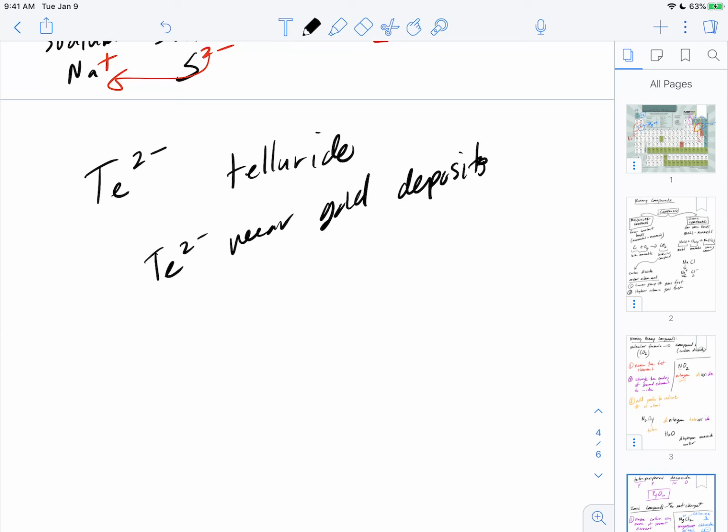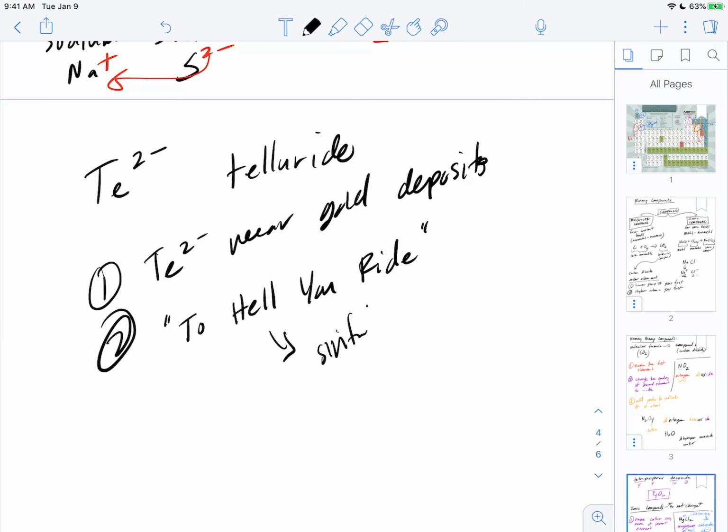But that's story number 1. The one that I like better is that Telluride's off away from any major city, and so it was known for its lawlessness and sinful establishments, and so people thought that when you would go to that region, they would say, "To hell, you ride," or Telluride, and that was because of their sinful establishments.